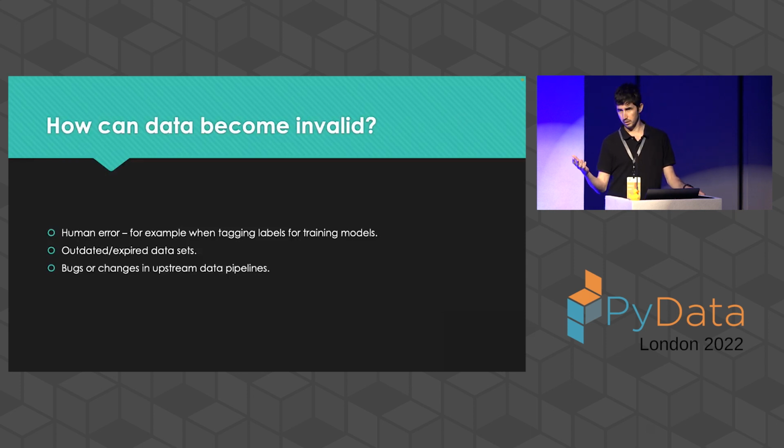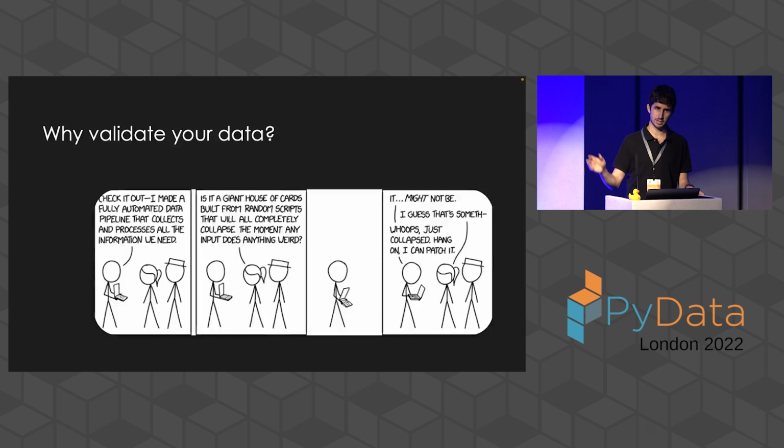I could go on about this, but I can just let XKCD explain this to us better. In this cartoon, there are a few engineers talking to each other, and one of them comes to his colleagues and says, check it out, I made a fully automated data pipeline that collects and processes all the information we need. And his colleague asks him, is it a giant house of cards built from random scripts that will all completely collapse the moment any input does anything weird? And obviously it does.